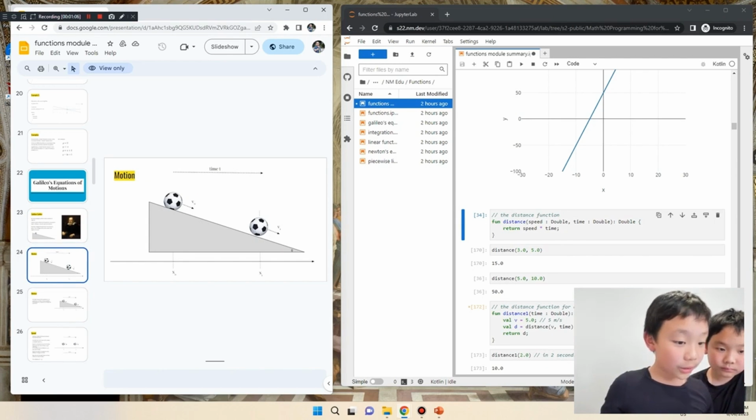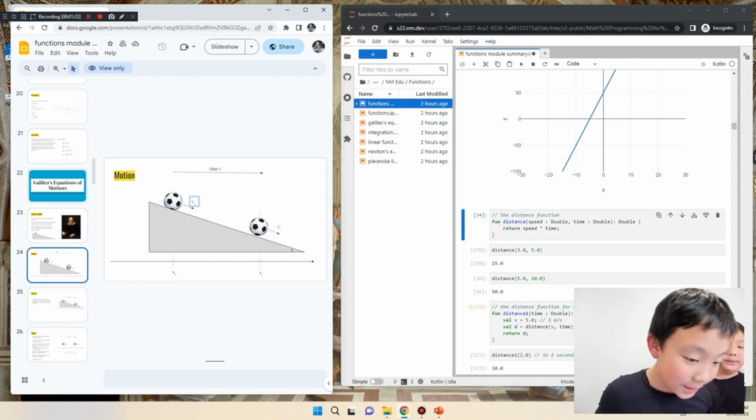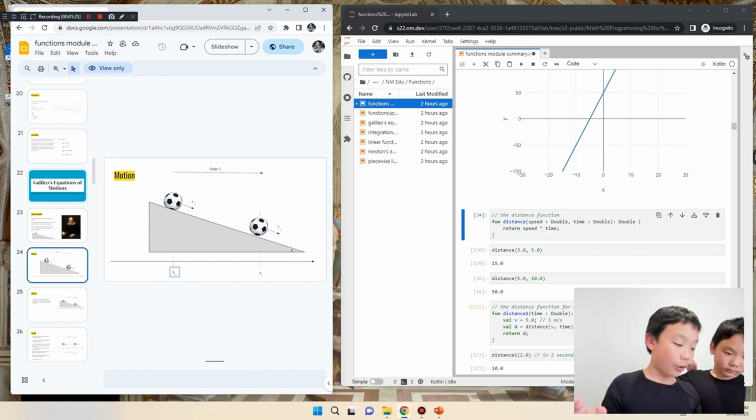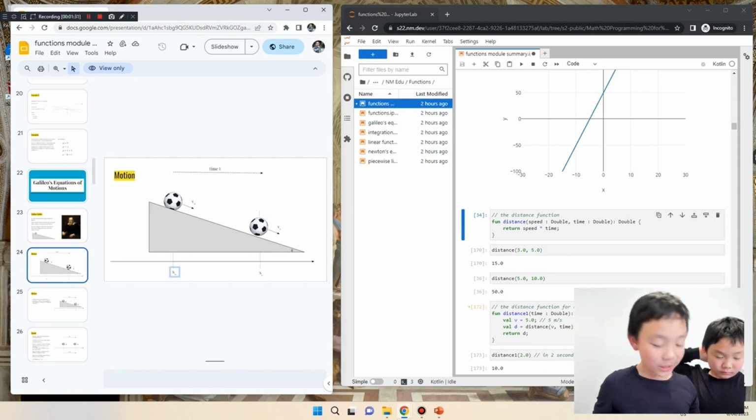So motion. This diagram basically means, at the very start, when it's at its starting point, the first velocity is v0. v0 is just a name. And then the position is x0, which is the very start of the thing. x0 is just a name, so you can name anything you want.